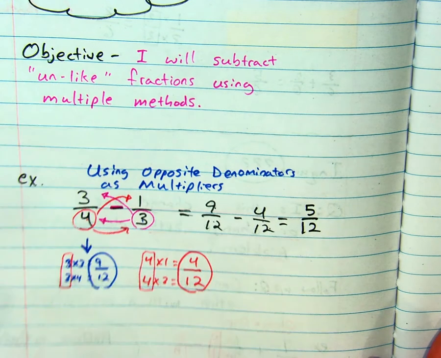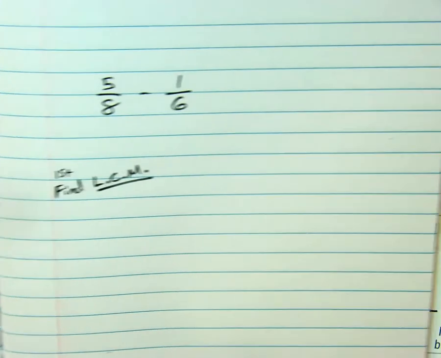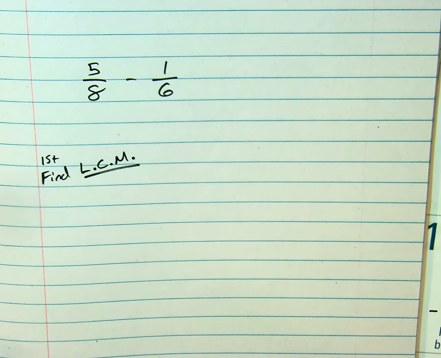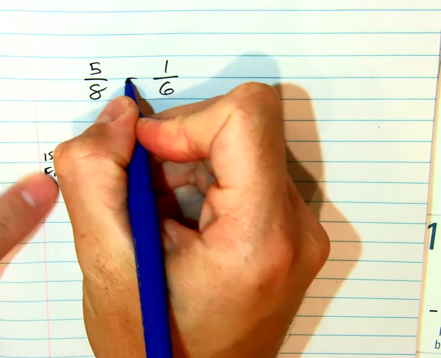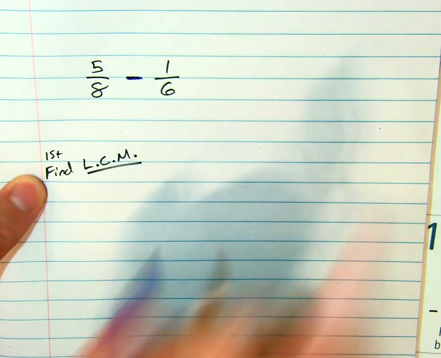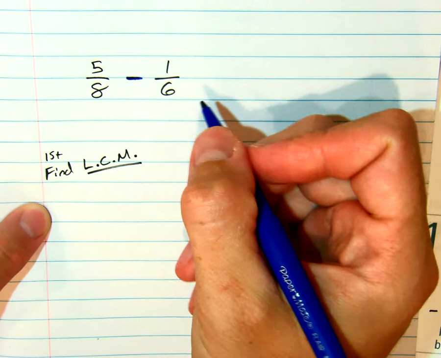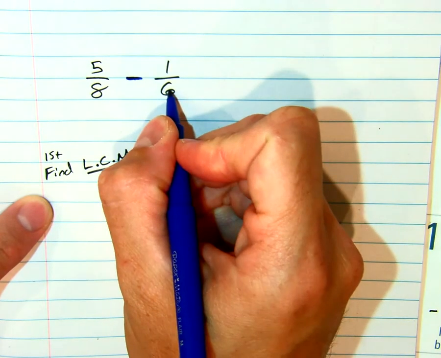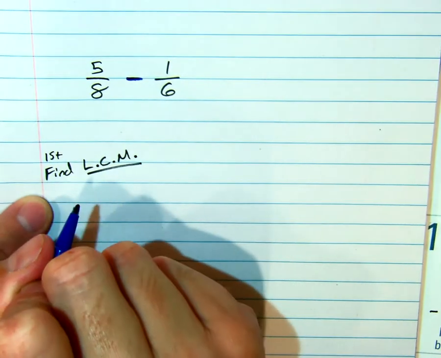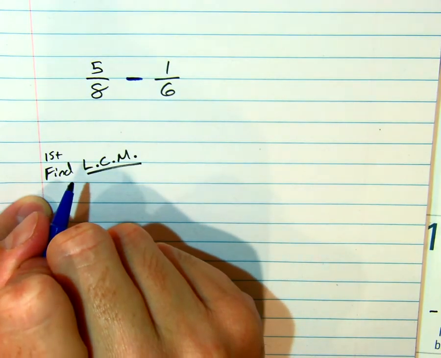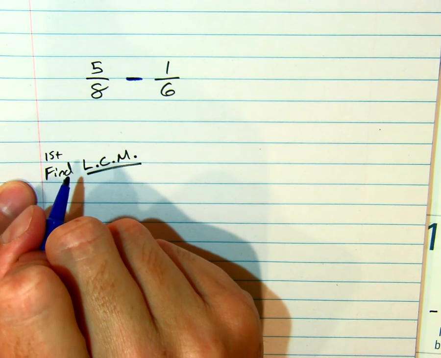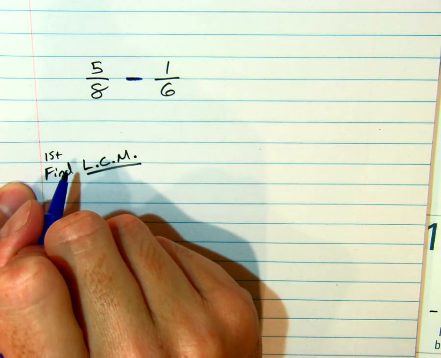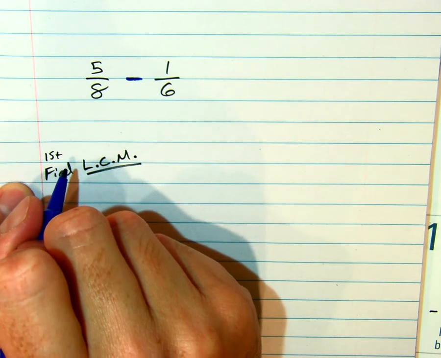All right. Next example, I have 5/8 minus 1/6. Mr. McNeil, those aren't really big numbers? Not yet. So if I were to multiply 6 times 8, what would I get? Think about your 8s, think about your 6s, however you get there. What's that number? 8 times 6, 6 times 8.